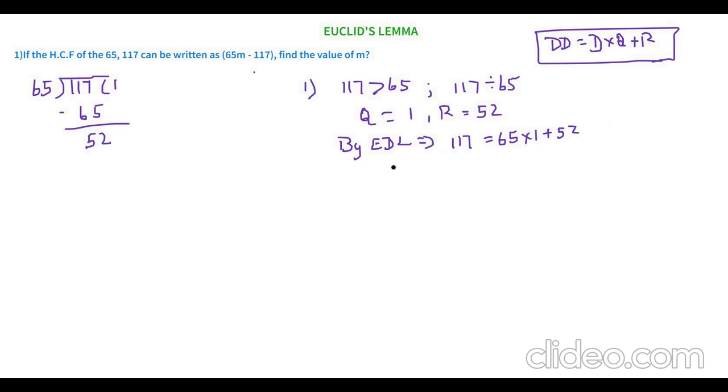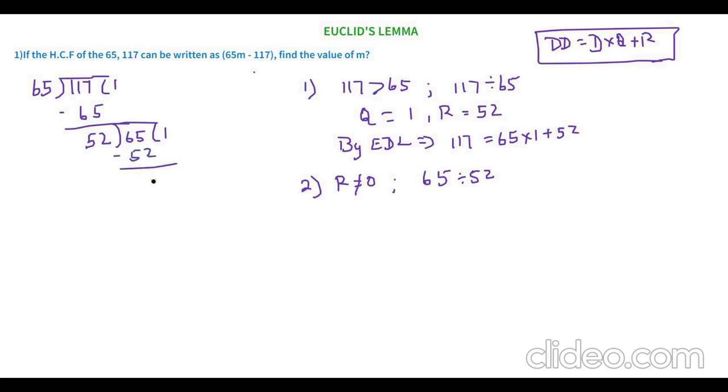Now since the remainder is not 0, for the second step we write: since the remainder is not equal to 0, we are again going to divide 65 and 52. So 65 will be divided by 52. Now this 65, which was a divisor, will become a dividend. The remainder will become our divisor. So let's do that. 65 will be written here. 52 one time is 52.